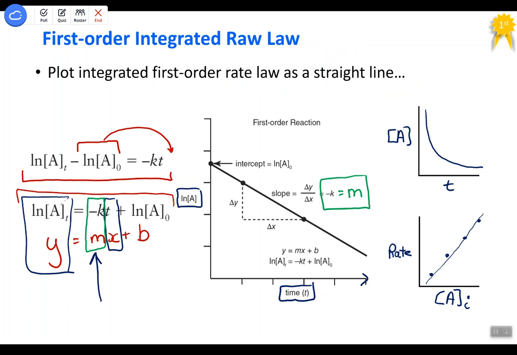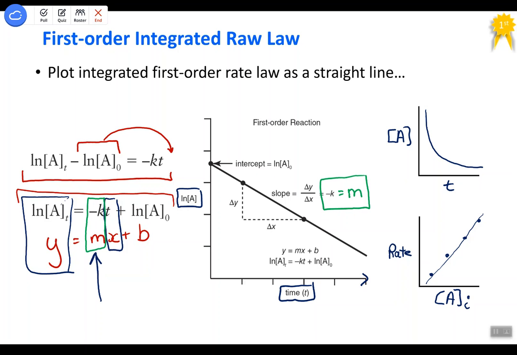So first order rate law, we can integrate this. When we do, we see that the format for this equation matches the equation for a straight line, y equals mx plus b. We can line this up with y equals mx plus b and plot ln of the concentration of our reactant versus time.